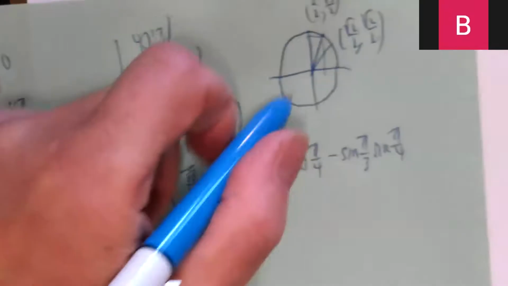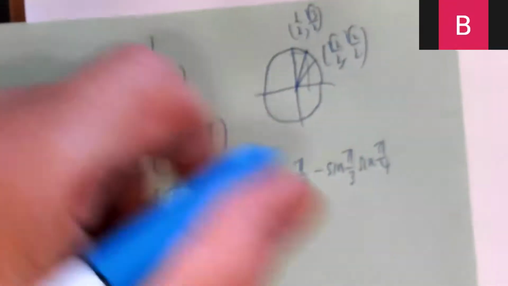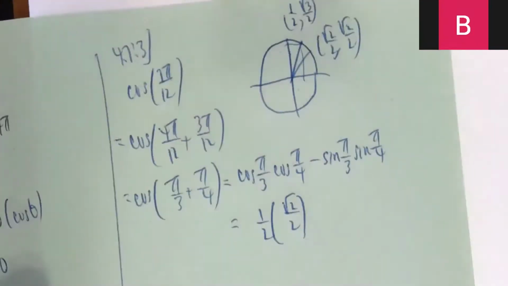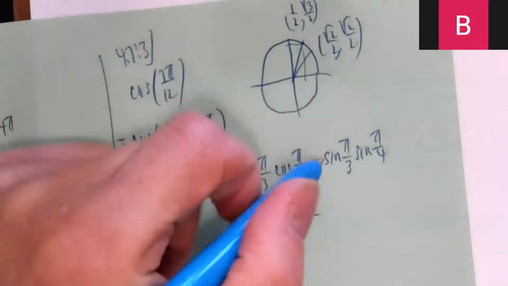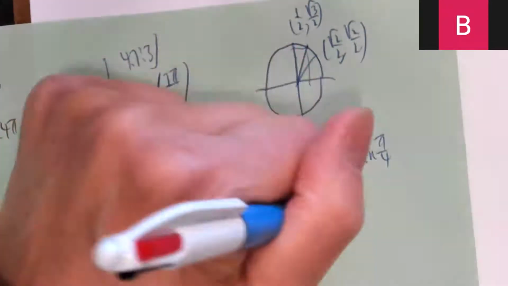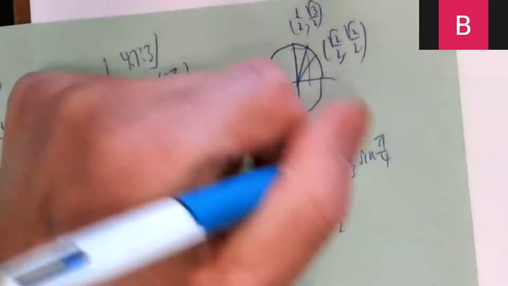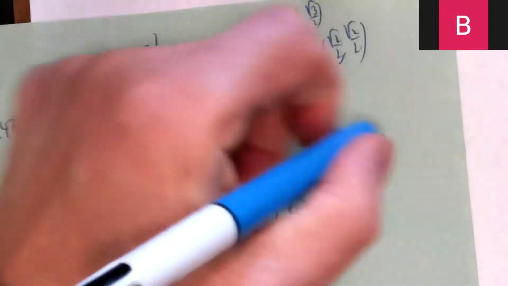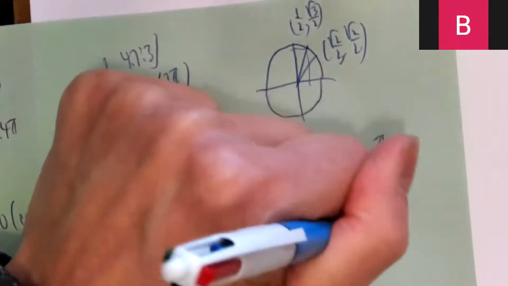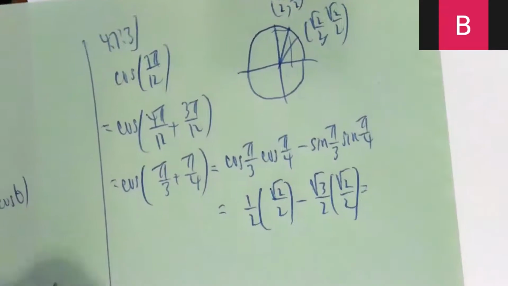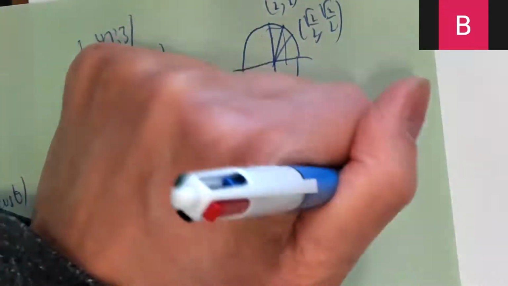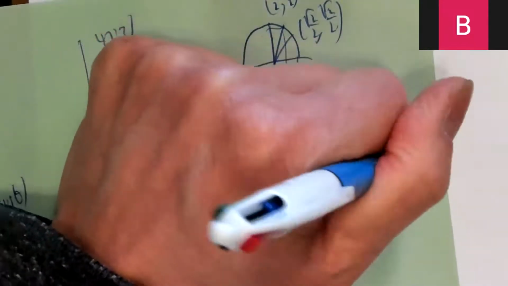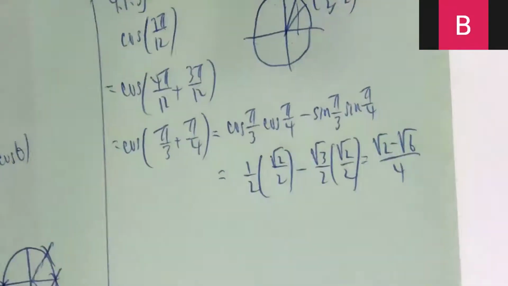The x coordinate at 60 degrees is 1/2, times radical 2 over 2, cosine of pi over 4. Minus sine of pi over 3, the y coordinate, radical 3 over 2, times sine of pi over 4, radical 2 over 2. So the common denominator is 4: radical 2 minus radical 6 all over 4.